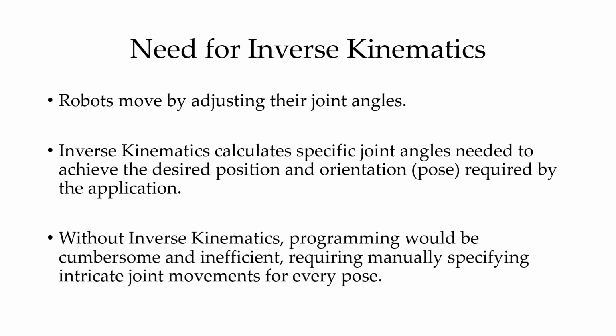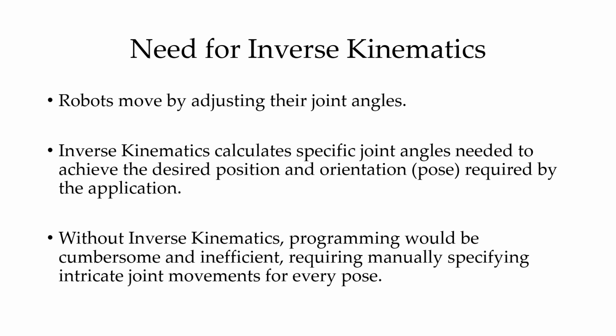Now, let's say there was nothing such as inverse kinematics. Then it would have been very difficult to adjust the robot automatically, especially if you are programming it using microcontrollers. We would have had to manually find every joint value for every corresponding position and orientation.